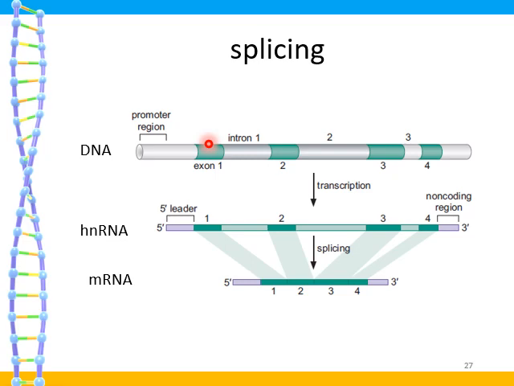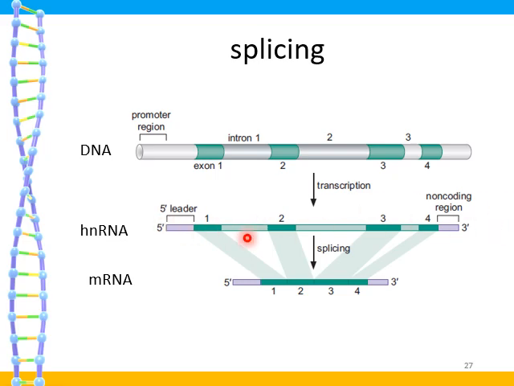In eukaryotic cells, the RNA that is first transcribed from DNA contains the information from both introns and exons. But then the parts that belong to the introns should be removed.